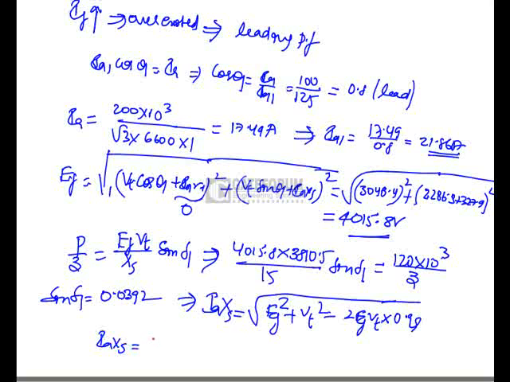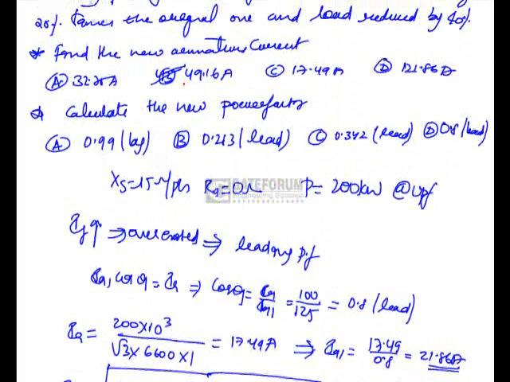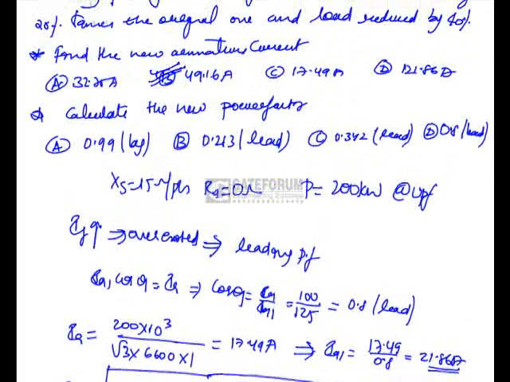Substituting these values, and knowing XS is equal to 15 ohms per phase, we can find the armature current as 49.16 amperes. So for the new armature current, option B is correct in question 1. This is the correct option.